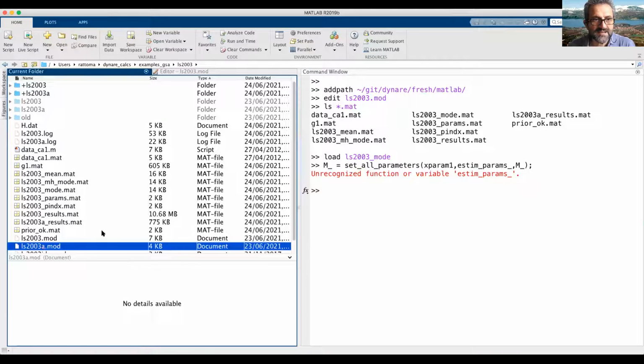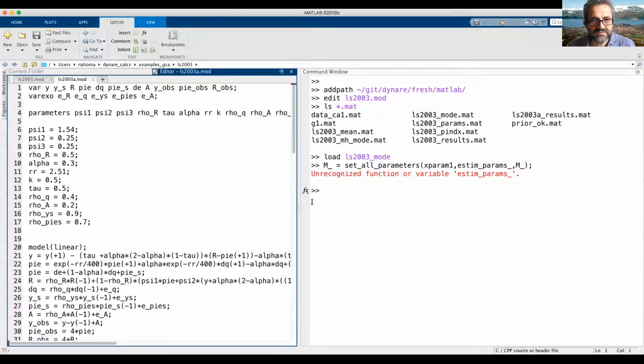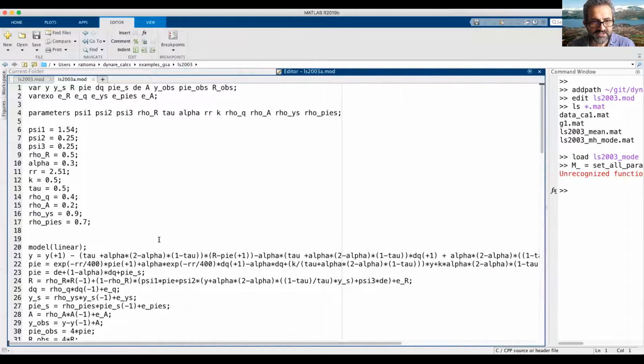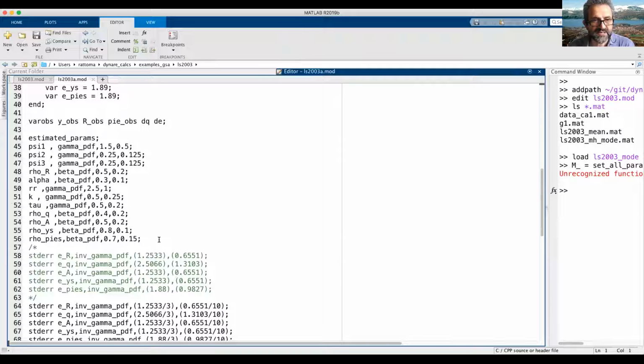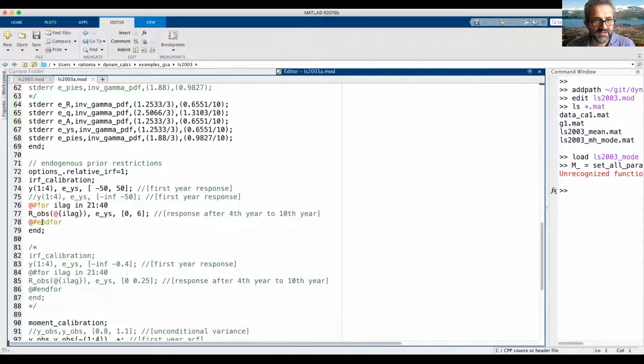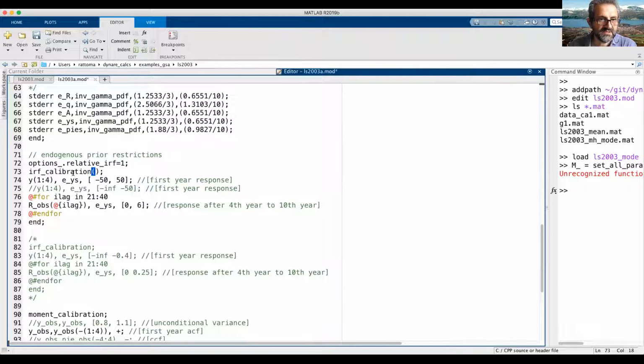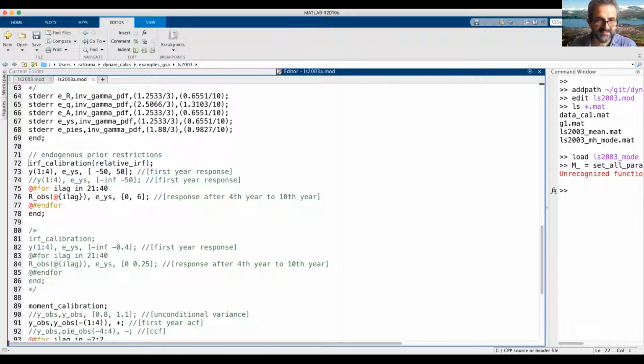Okay, there is the other example here of what I showed in the lecture, of this moment calibration. Here I have re-implemented it. Actually, this is a bit sloppy, because now Linar has properly implemented all the options. So relative IRFs is an option of IRF calibration.